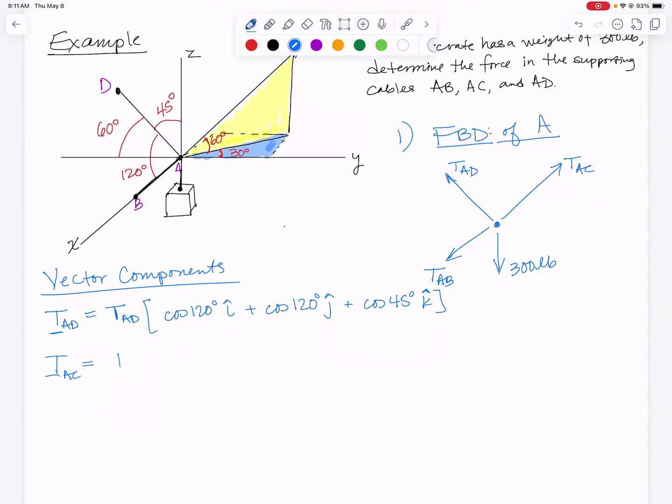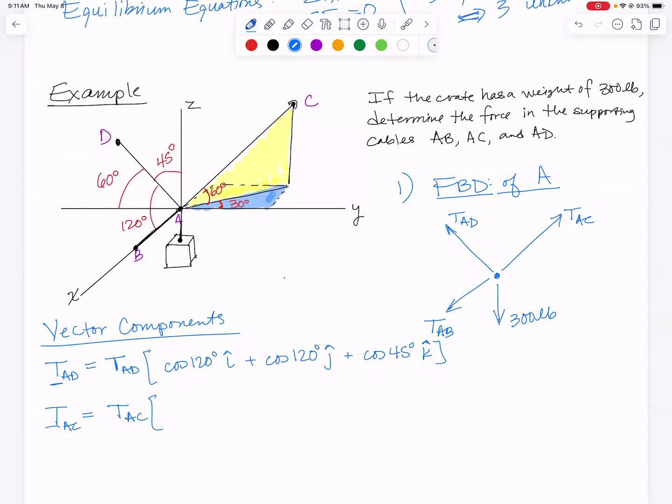Let's do AC next. It's got a magnitude that is unknown. I'm going to need to do the blue triangle method here. So the X component is going to be negative, and it's the side that's opposite the 30-degree angle. And then the hypotenuse is adjacent to the 60-degree angle. So what I'm going to have is cosine 60 times sine of 30.